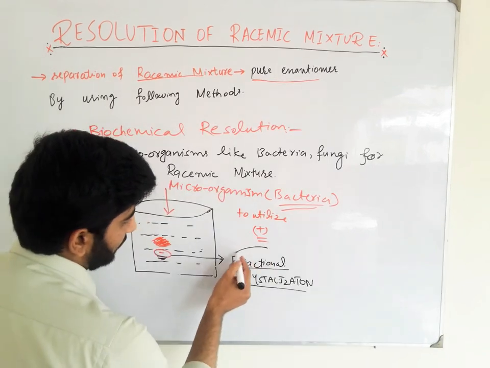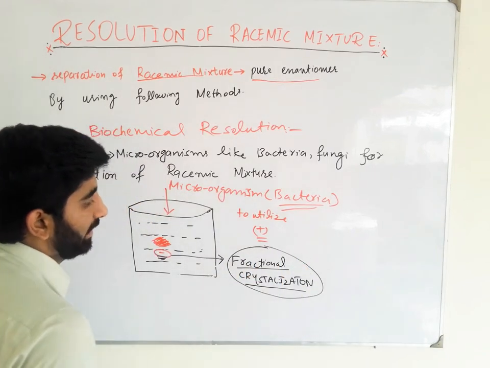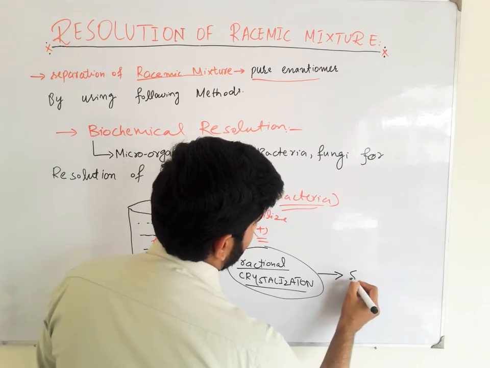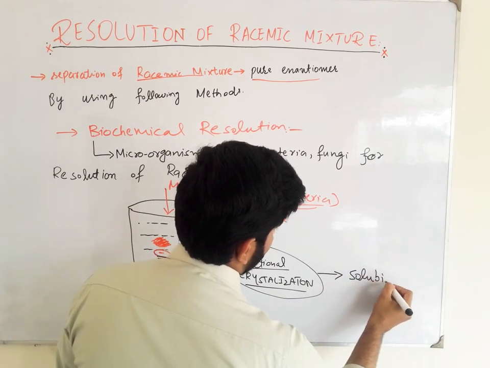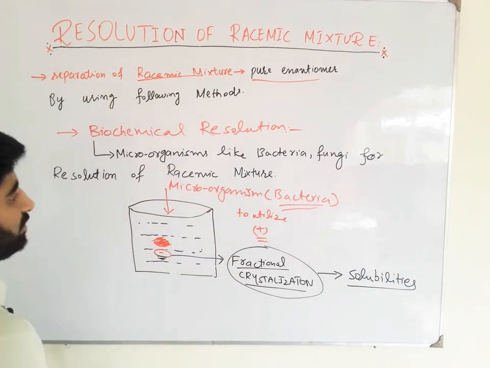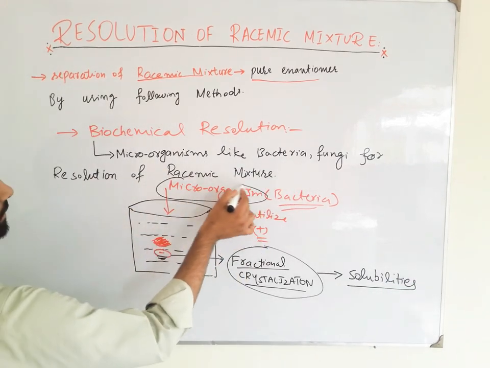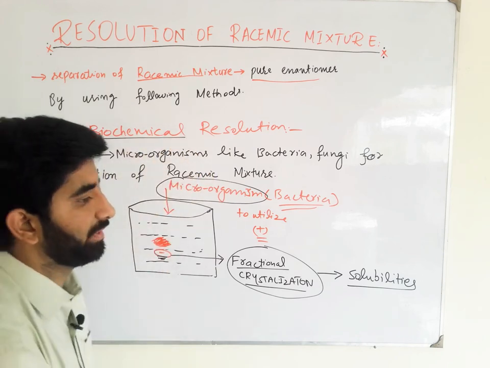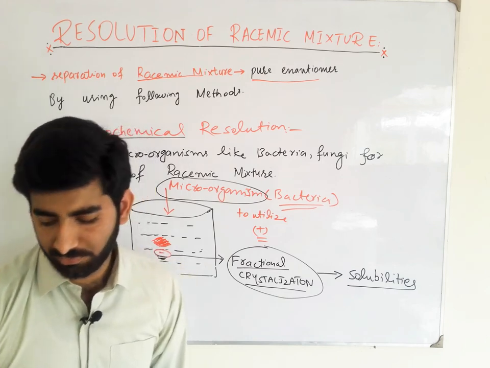As we know, the fractional crystallization technique does separation on the basis of solubility. So we use microorganisms in the biochemical resolution method for the separation of the racemic mixture into optically active pure enantiomers.